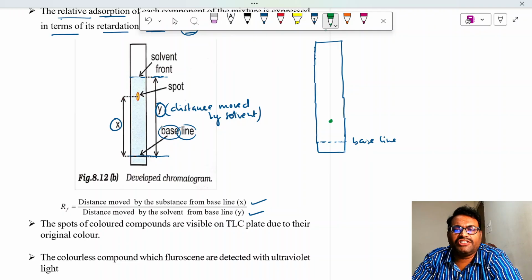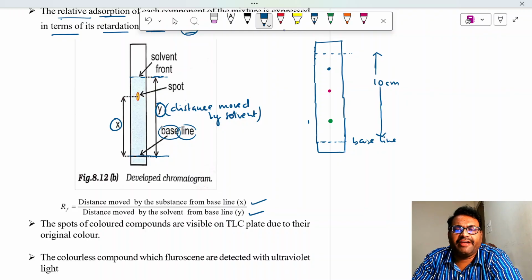B moved to this distance, and C moved to this distance, and the solvent moved to this distance. So what is the distance moved by the solvent? Let us take this distance as 10 centimeters from the baseline.